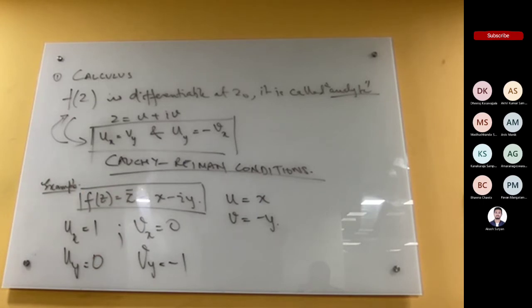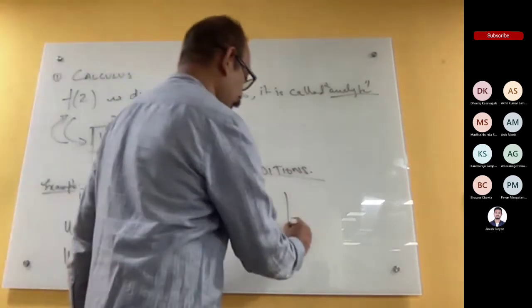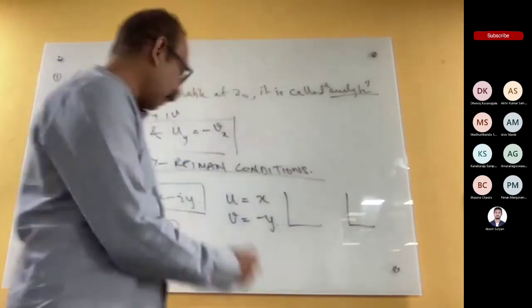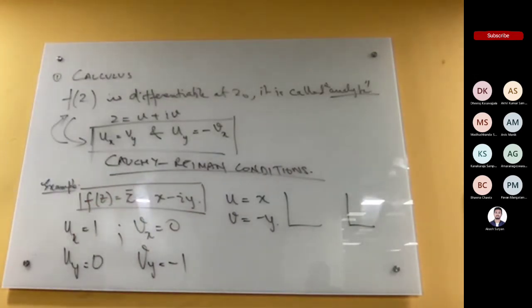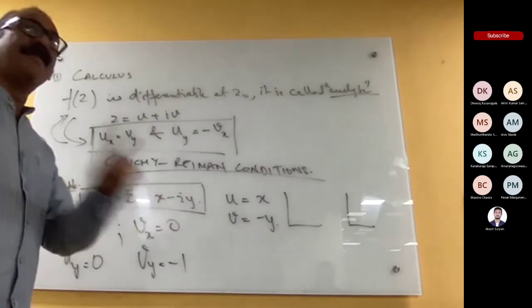Here, the problem is, and I think it will be a homework, if you want to, you can draw out these things and practice. Here, what will happen is the directional derivative actually exists. Just that the directional derivative will not be the same in every direction. I told you this, right? In complex numbers, not only should the directional derivatives exist, but the directional derivative should be the same in every direction.